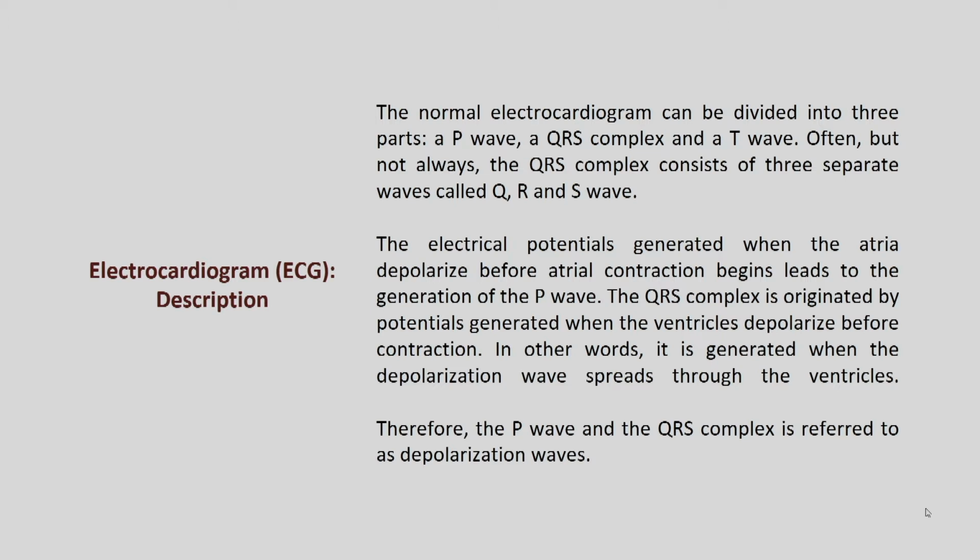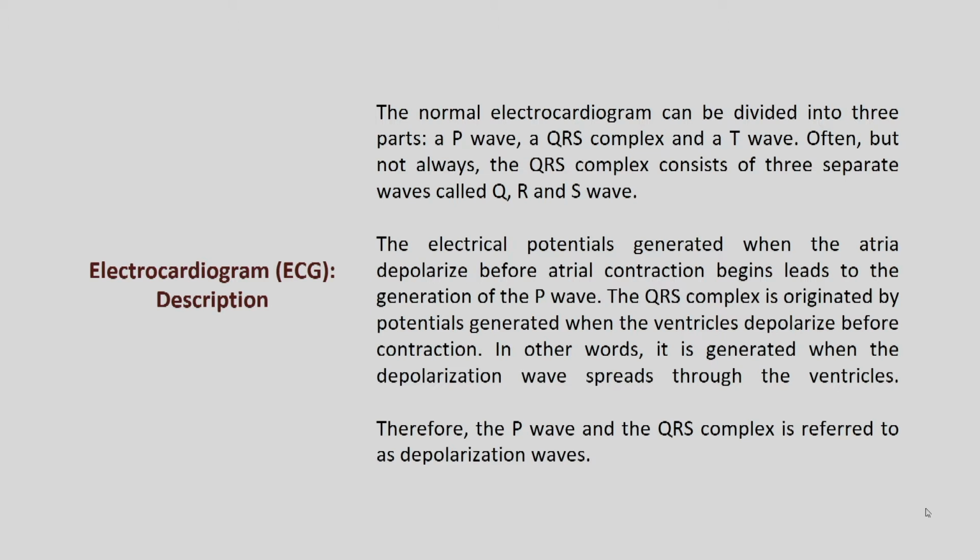So, the electrical potential generated when the atria depolarize before atrial contraction begins leads to generation of the P wave. So, this particular P wave is a depolarization wave. Why does it happen? Before the atria contract, there is a depolarization. Okay. So, when this depolarization happens, the P wave comes.